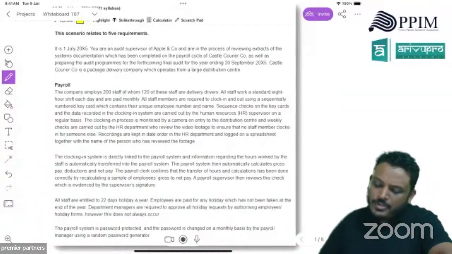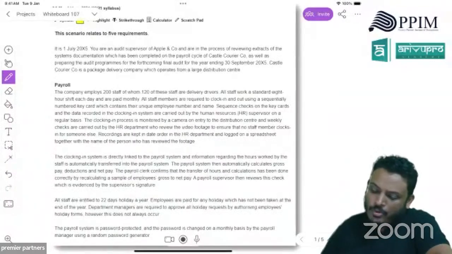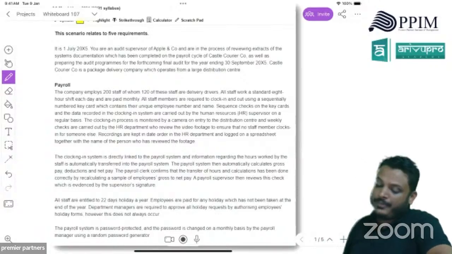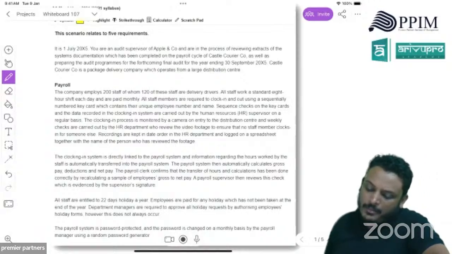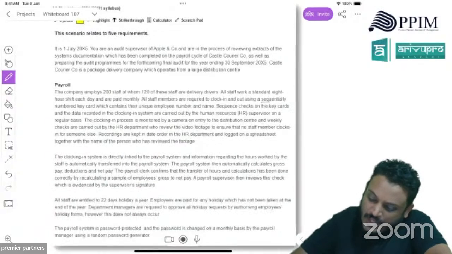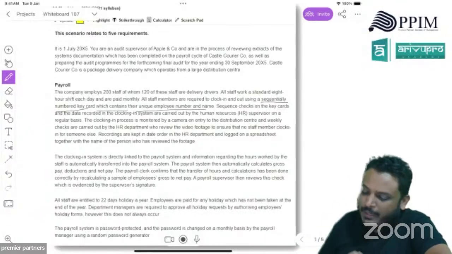The company employs 200 staff, of whom 120 are delivery drivers. All staff work a standard 8-hour shift each day and are paid monthly. All staff members are required to clock in, clock out using sequentially numbered key cards which contain their unique employee number and name.